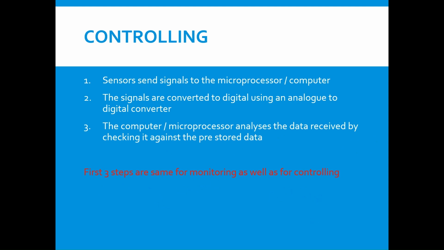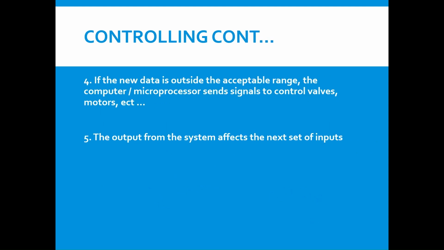That is a very important point to remember. Then, in controlling, if the new data is outside the acceptable range, the computer or microprocessor sends signal to control valves, motors, etc. The output from the system affects the next set of inputs. That's the difference between monitoring and controlling.